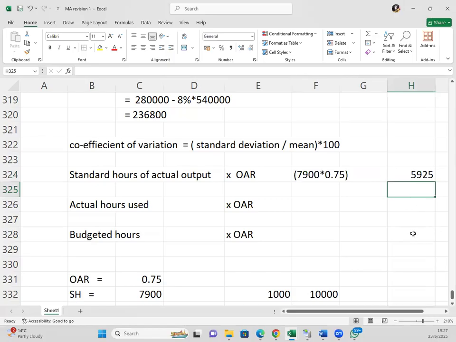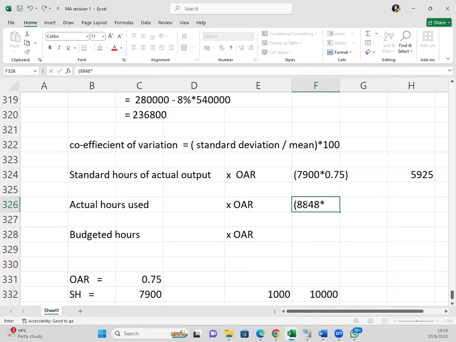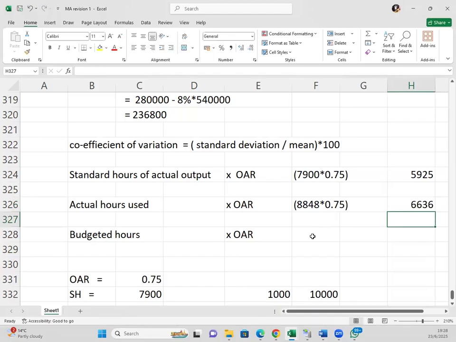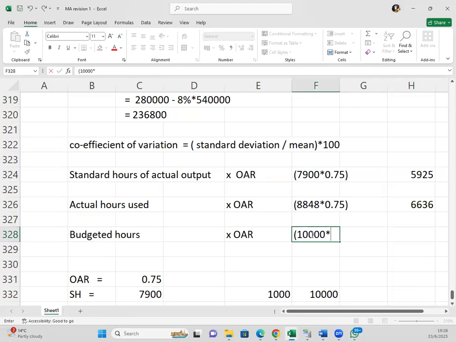So if you do that, you get your standard hours at overhead absorption rate. Then the actual hours, it was 8,848 times OAR, which is still the same, it's not changing. So that's 8,848 times 0.75. Then lastly, the budgeted is 10,000 times 0.75.